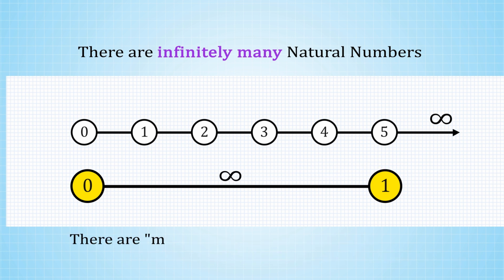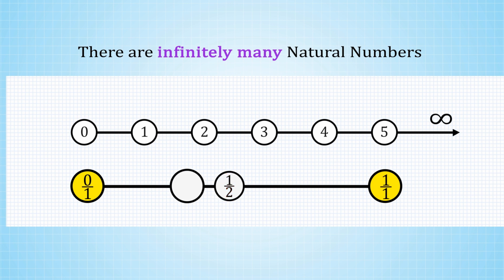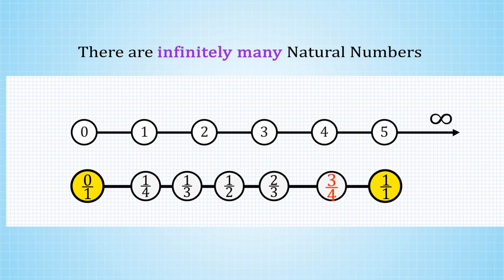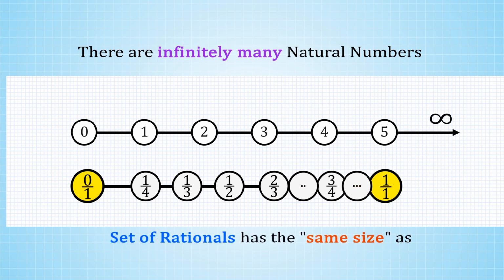In fact, there are more reals than natural numbers. However, there are also infinitely many rational numbers between each consecutive pair. Yet the set of rationals has the same size as the set of natural numbers.